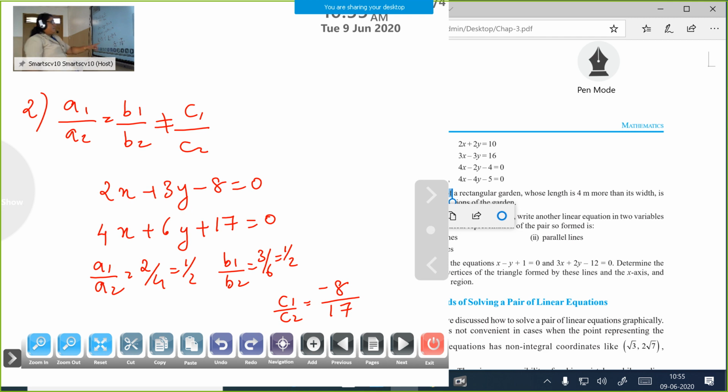Clear? Their ratio a1 by a2 is equal to b1 by b2 and not equal to c1 by c2. That means the lines are parallel. This is an example for parallel lines.